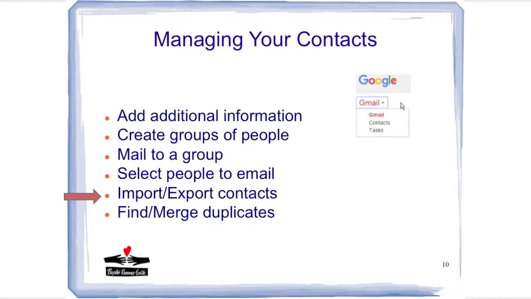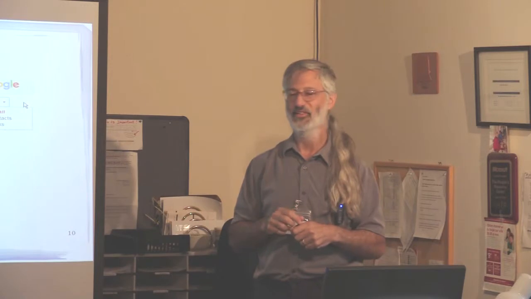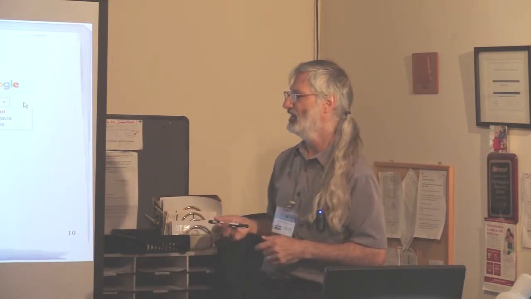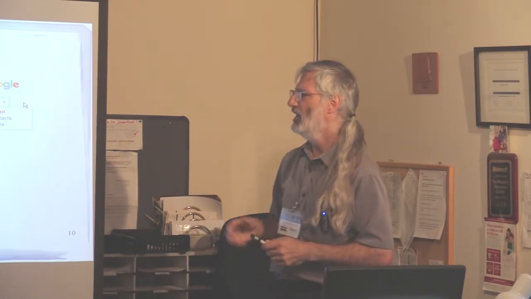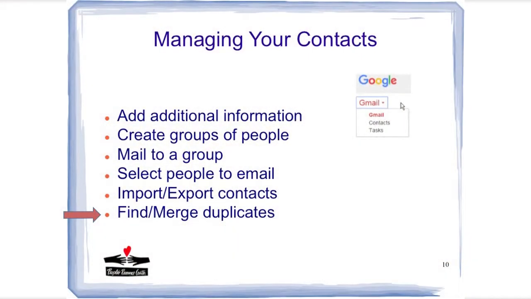You can also import and export your contacts. So if you want to save it off to a file and do things with it, or these days phones will typically integrate more nicely without making you explicitly import or export. And Gmail will also help you find and merge duplicates.